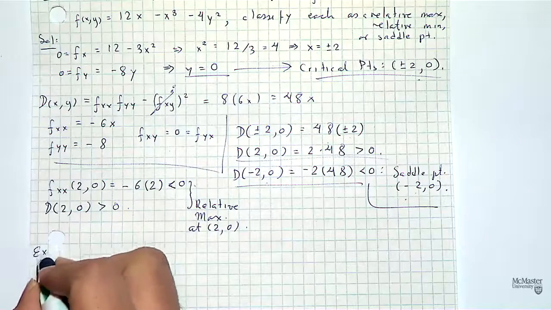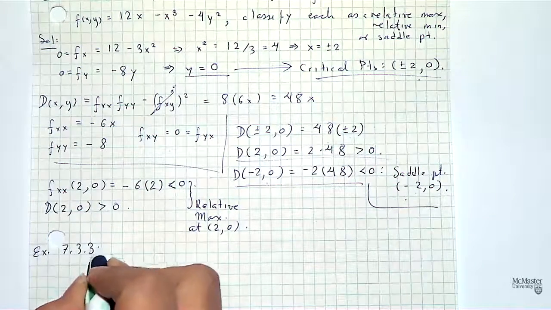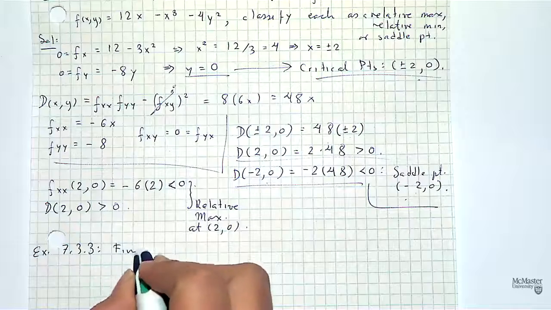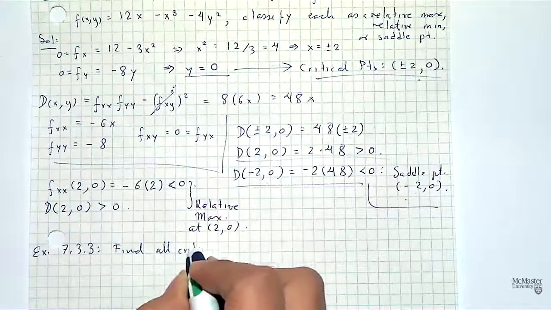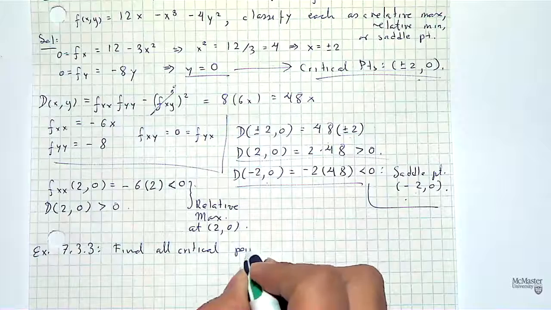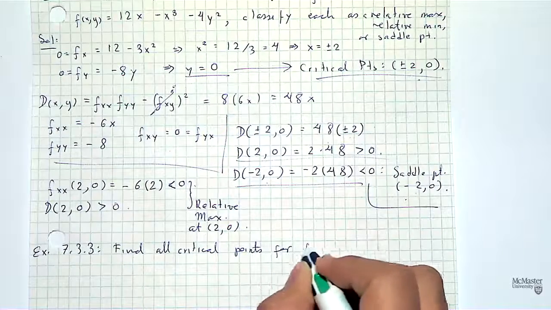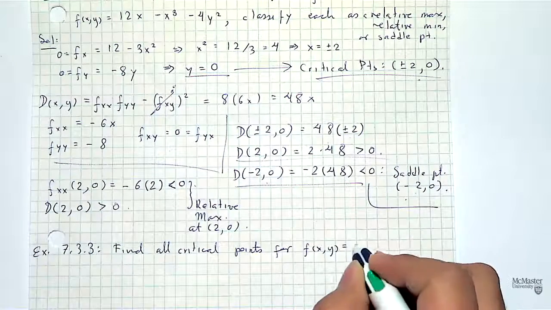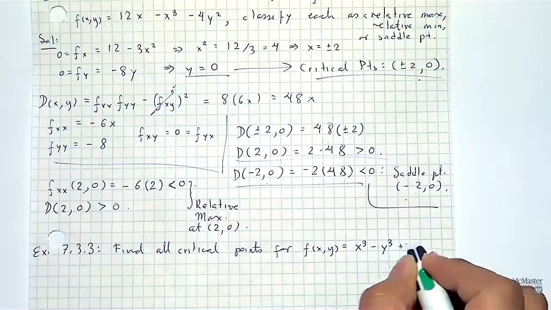And example 7.3.3 is to find all the critical points for the function of x and y, x cubed minus y cubed plus 6xy.